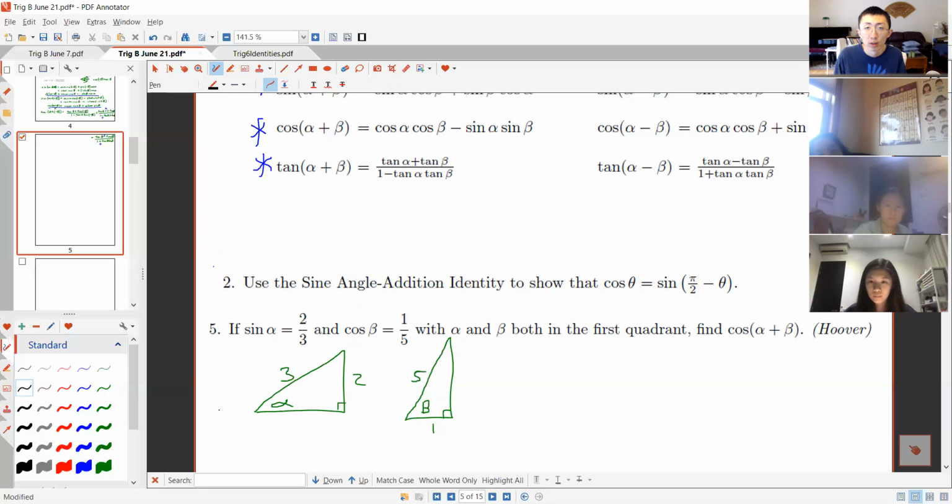If we want to use the cosine addition formula, we'll have to know sine and cosine of both angles.